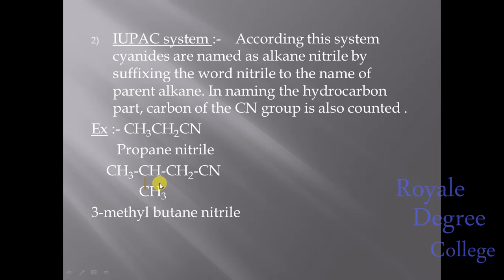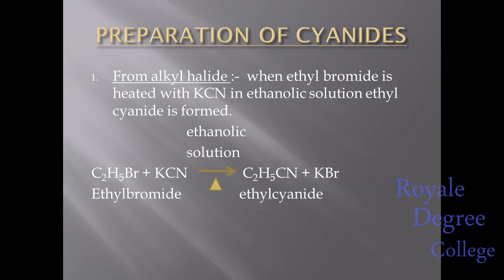On the third carbon, CH3 group is attached. So we are writing here 3-methyl, means on the third carbon, methyl group is attached. And last one, this carbon is the 4 carbon. So 4 carbons are present in the straight line. 4 carbon is butane, to which the nitrogen is attached. That is nitrile. 3-methyl butane nitrile. This is the IUPAC name of this compound.